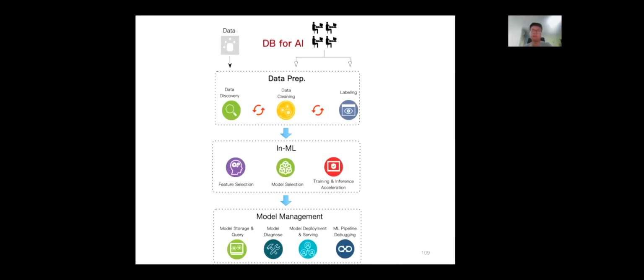Thirdly, DB-based techniques can always be used to manage the trained models, including model storage, query, deployment, and debugging. Thus, the above steps have been extensively studied recently, and we review them thoroughly in this tutorial.